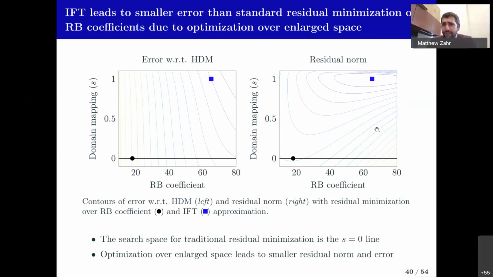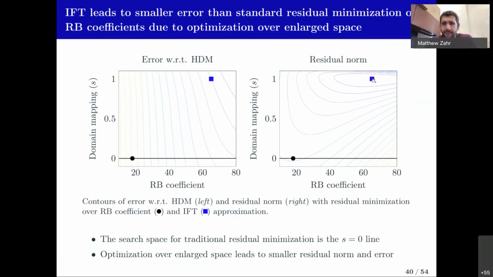If we look at the right to start with, when you do standard residual minimization over just the state, you're freezing the domain mapping to be 0 and optimizing along only this line. And that minimum falls right here. If you expand your space and allow it to optimize over the mesh, you find that the true minimum in this expanded space lies way over here.